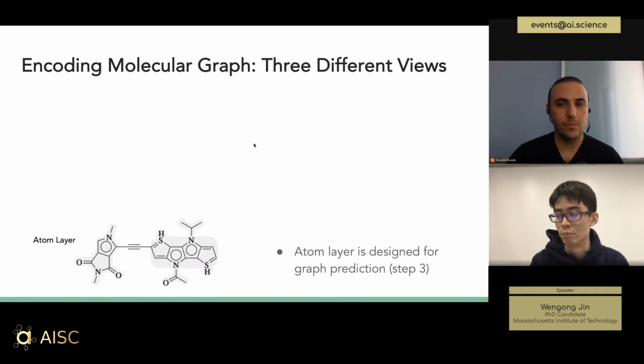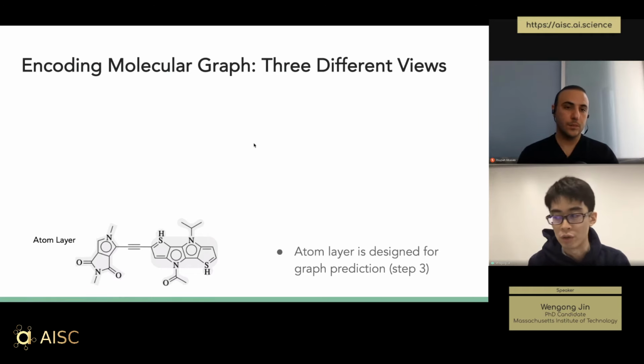So now let's move on to the architecture details of the graph encoder and decoder. To support this generation process, we need to design a suitable encoder that captures all the information needed for each prediction step. In particular, our graph encoder will learn to represent a molecule by a hierarchical graph that has three different layers.